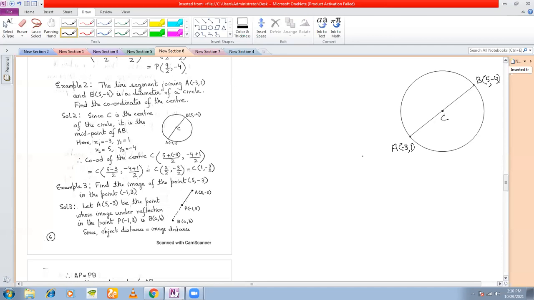So let us say center is C. Clearly, C is the midpoint of AB. So therefore, what should be the coordinates of the center C?